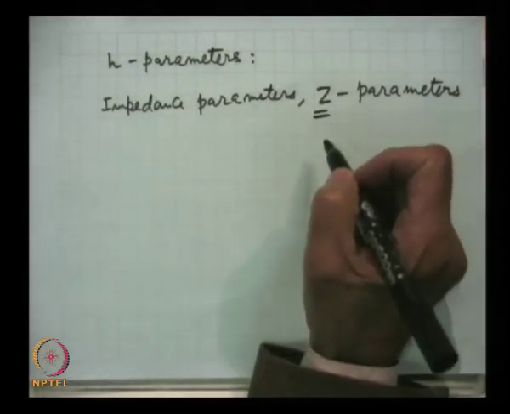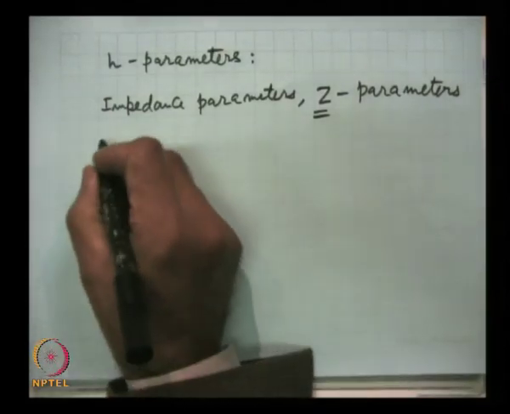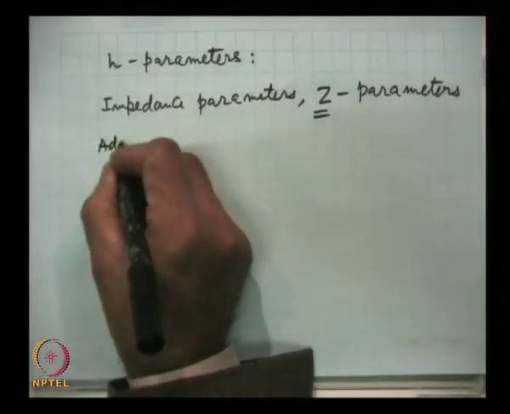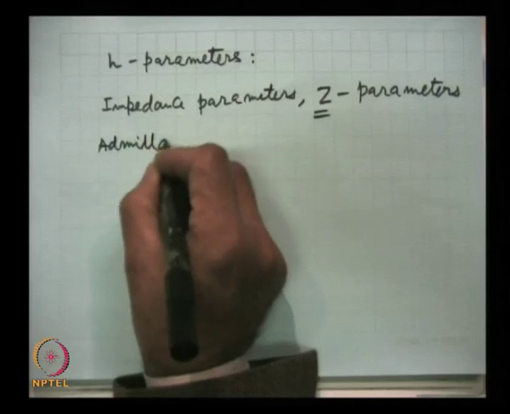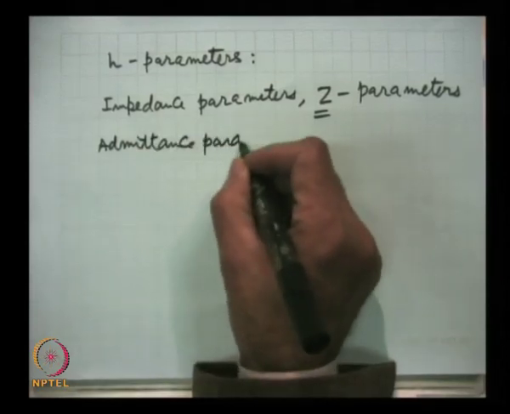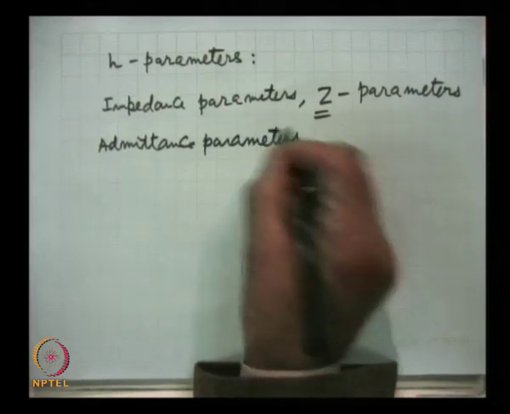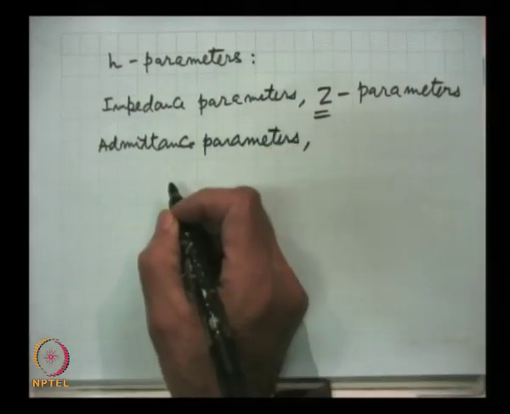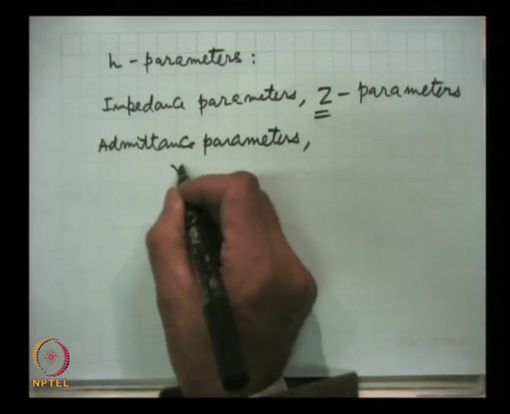And then there were admittance parameters, and popularly these are called Y parameters.